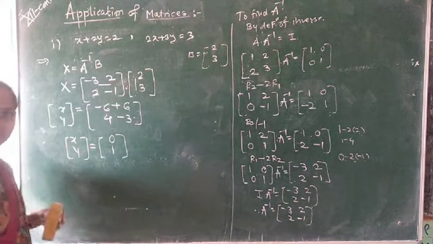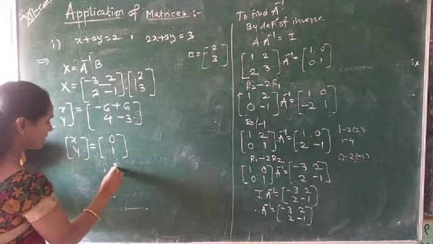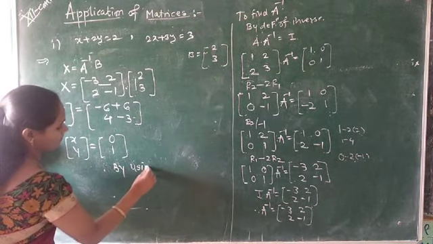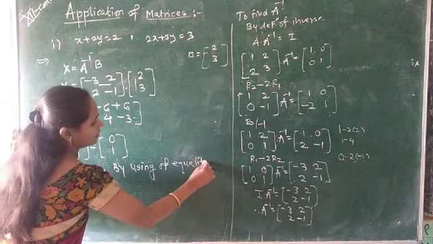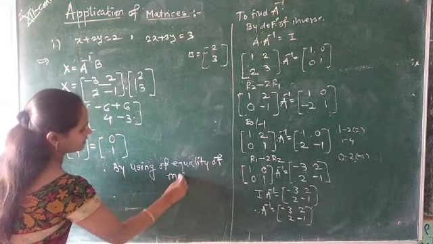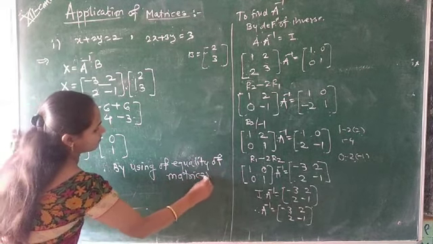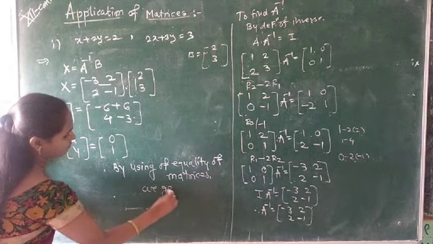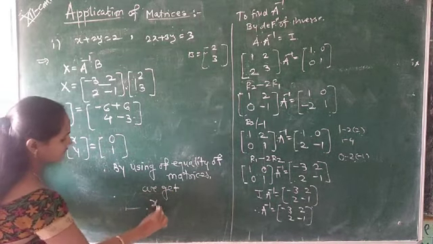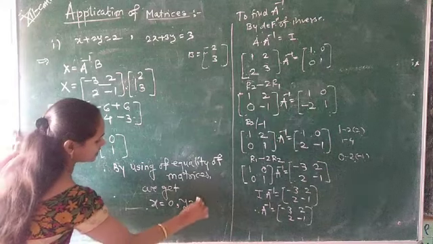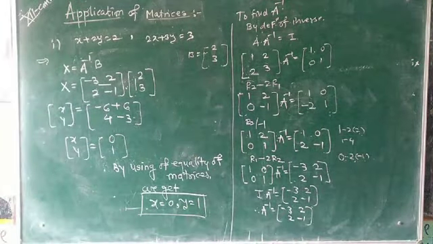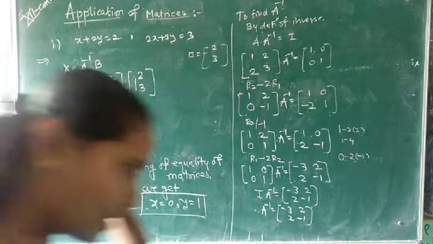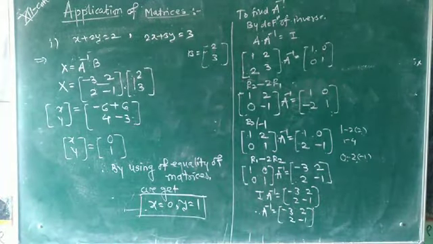Again these two matrices are equal matrices. Therefore, by using equality of matrices we get x is equal to 0 and y is equal to 1. This is the solution of our system of linear equations. Now see, next one example is there also.